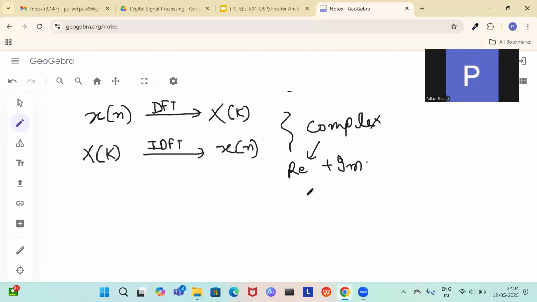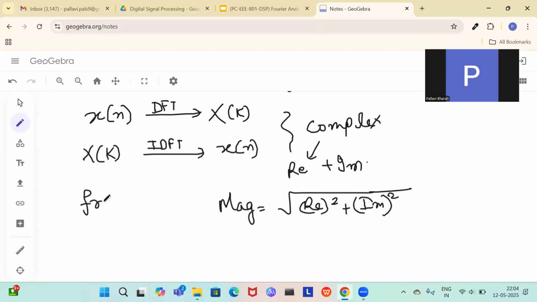Whenever you are taking the magnitude of a complex signal, how do you get it? Real part whole square plus imaginary part whole square. This is the same way you will get the magnitude spectrum.